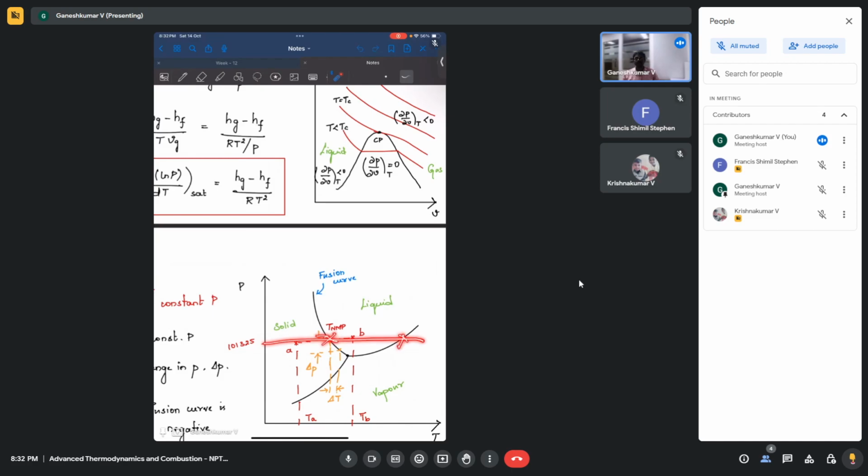Basically, I'm not sure. When we intersect, it will be something like this. Probably the other curve would be something like this, for most of the materials. I may need to look into what the curve would really look like. You may not end up having such situations.